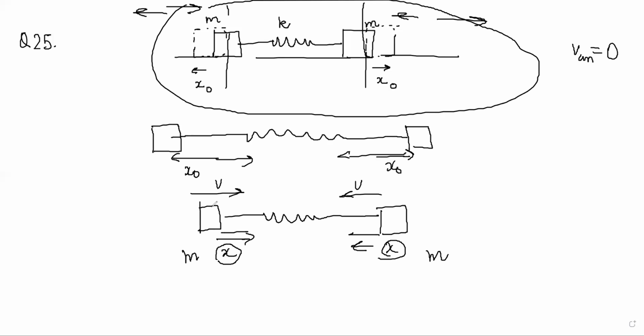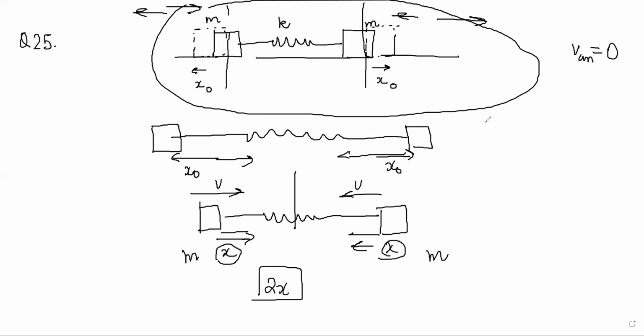So this one is displaced by x and this one is also displaced by x, and they have the same velocity v at that moment. So the spring is stretched by 2x at this moment, because one side is x, one side is x.